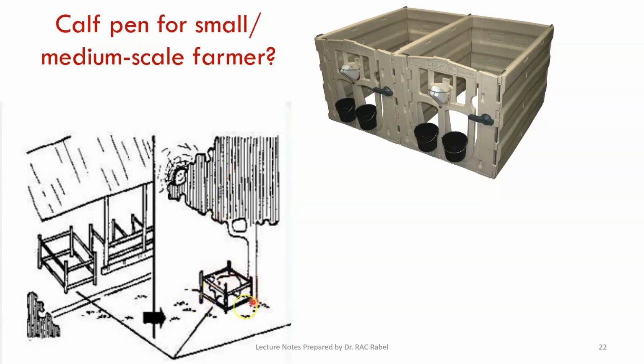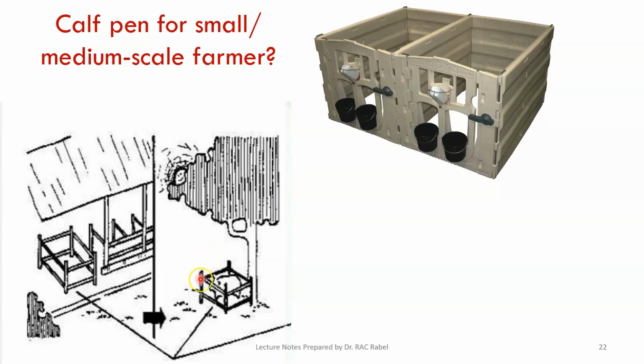You can have a simple structure like this, as long as you can maintain those fundamentals we talked about at the beginning. Good ventilation, draft free. Of course, in a warm climate, draft is not a problem, right? No gas accumulation, doesn't get wet if it rains. Of course, you'll have to bring the animal indoors or have a small roof on top.